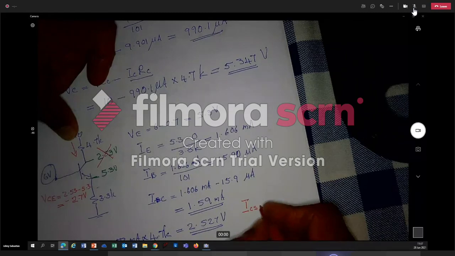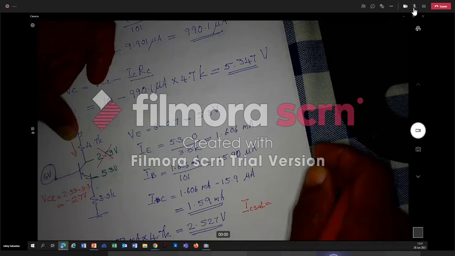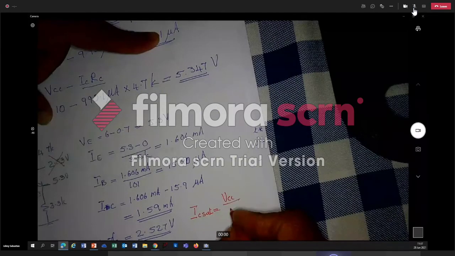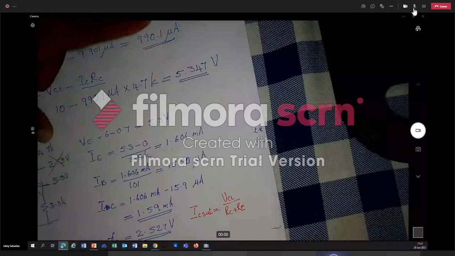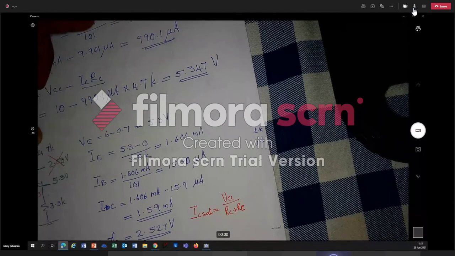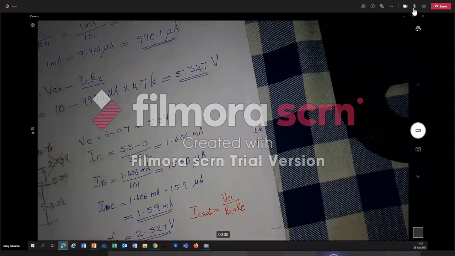That is going to be equal to VCC divided by RC plus RE. Basically, this VCE can go down to 0 and it will stop.